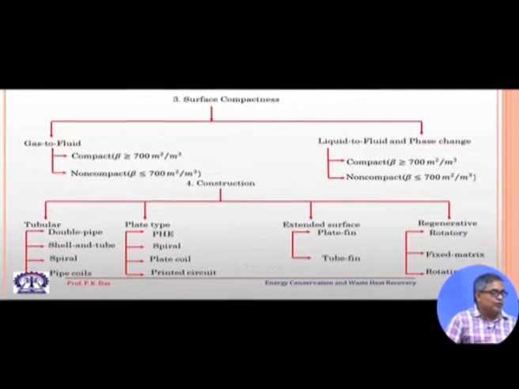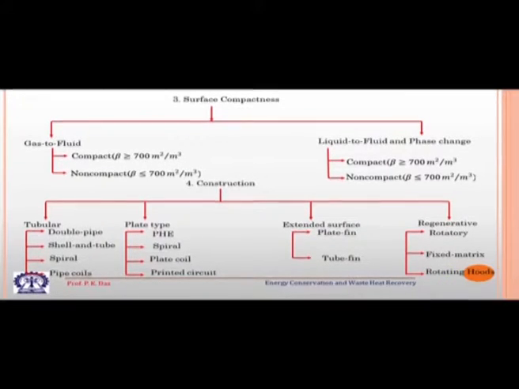Then we go to surface compactness. We have to understand this a bit carefully. It is like this: the heat exchanger has a volume, but volume does not directly give its capacity for transferring heat.